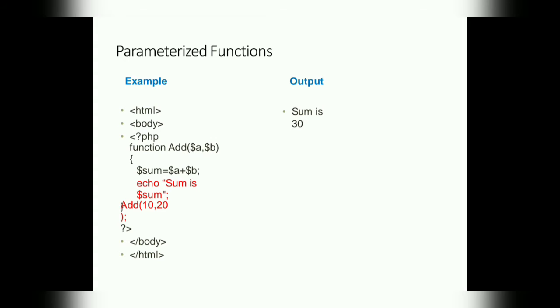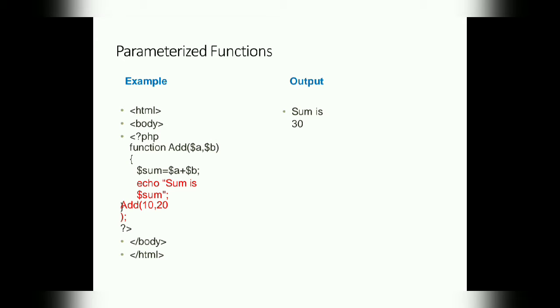Then parameterized functions. Parameterized functions are nothing but functions provided with some values or some variables as parameters. Okay, means you are defining a function with a function name, and within the opening and closing braces you are providing some variables, or maybe variables with values.